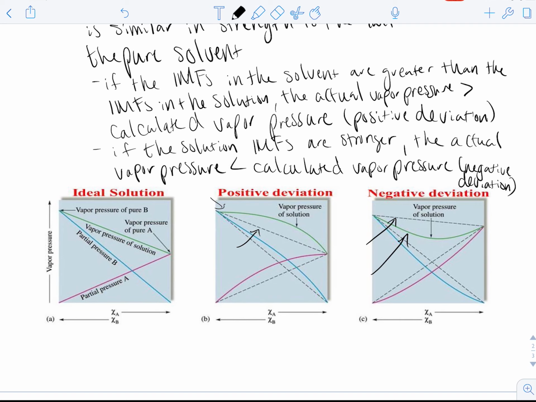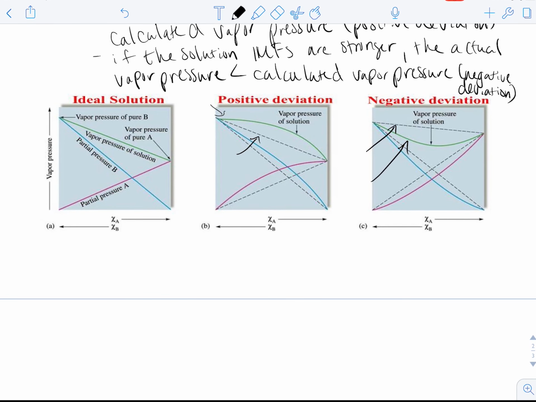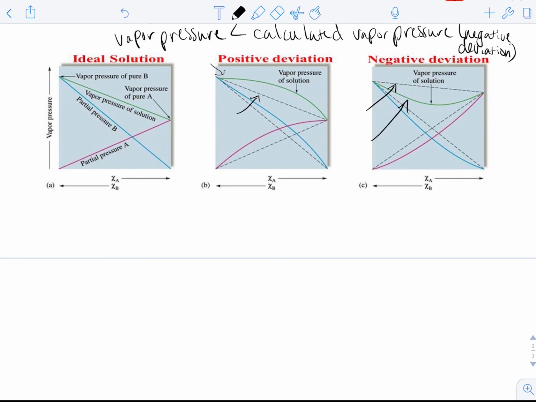Now, like I said, these three pictures show that idea of the positive and negative deviation, but these are for mixtures where our solute and solvent are both volatile. So we do lose ideality due to that.